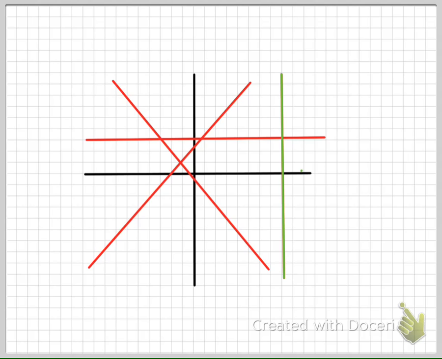So what about this blue line? What's its slope going to be? Do you think that has a positive slope or a negative slope? Positive. Why do you think it has a positive slope? Okay, right.